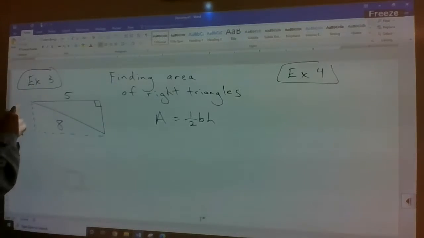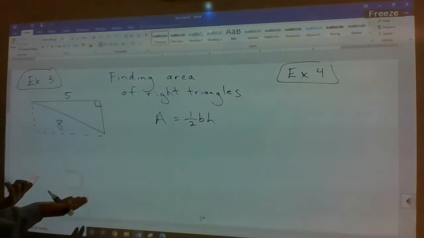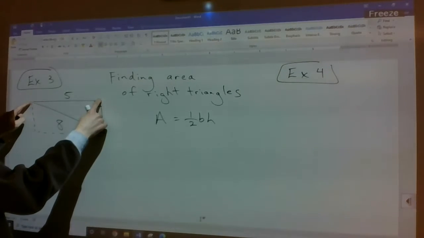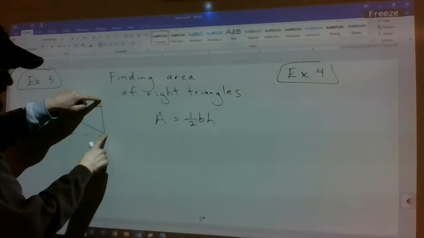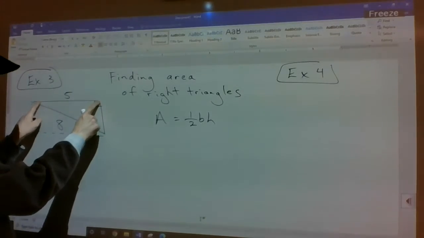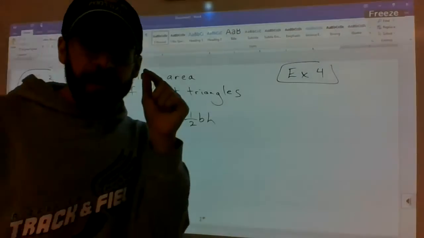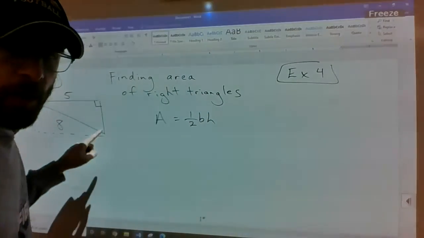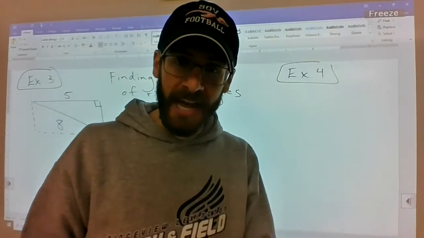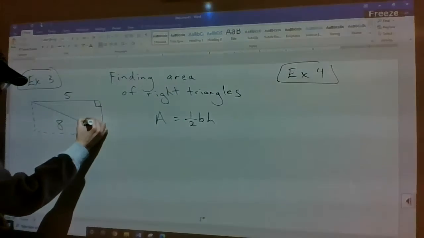Okay? So the base of this triangle, if we look at it from the perspective that this is the base, matches with a height here. Length times width is the same as base times height. And here's the deal. If you're ever confused about, well, what if the 8's the base? Well, you can make the 8 the base if you can actually find the height that connects you from here to there.